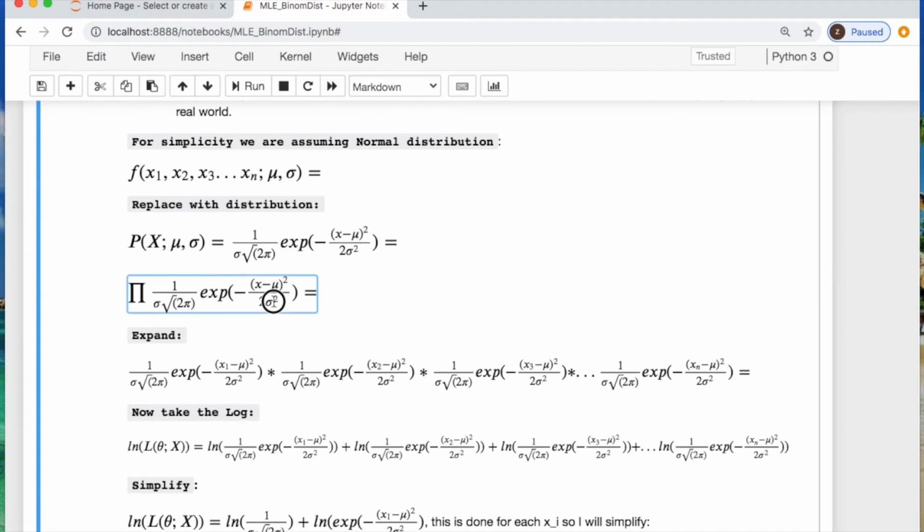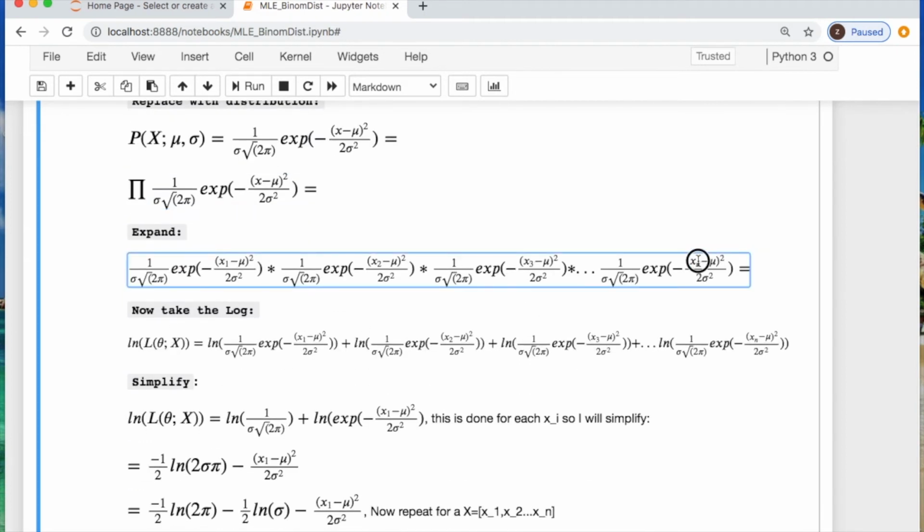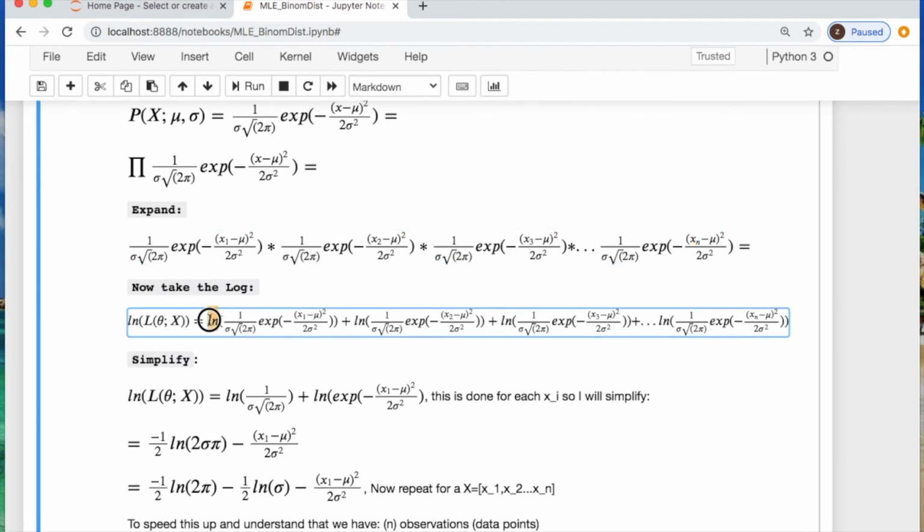And we need to find the best value of our standard deviation and our mean. And since you're doing this for each individual x, we're also going to multiply this through and expand this out from x1 to xn. Take the log of it like we mentioned before here.